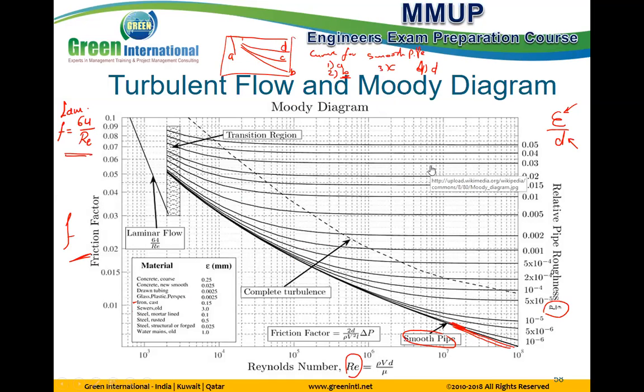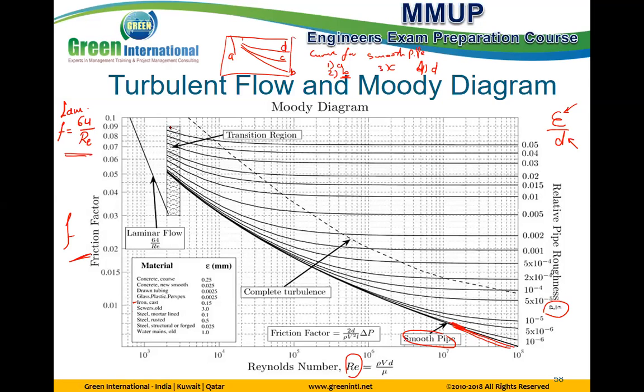Sir, this laminar flow you mentioned, how do we know laminar from turbulence for curve A? Laminar goes up to 2,300 Reynolds number. Then turbulent starts from 4,000. Between the two is the transient.